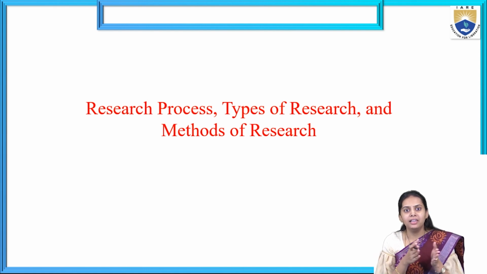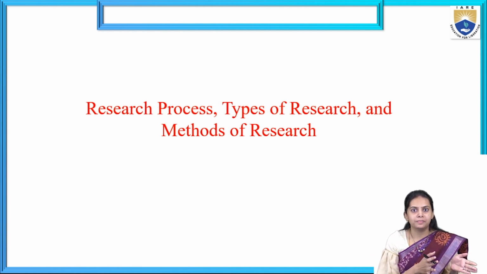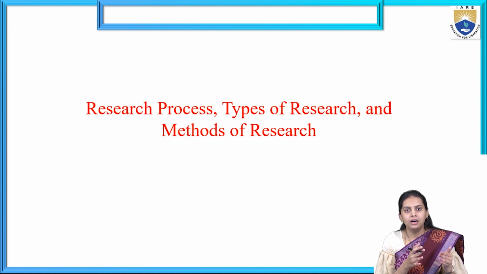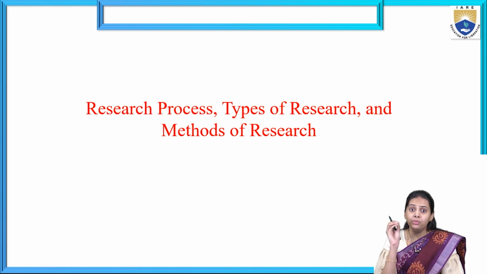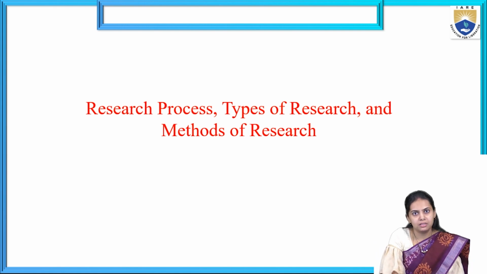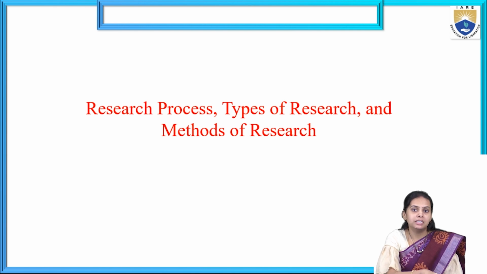That is defined as the research process. And based on the researchers, the research type used to change. So there are types of research again. And there are a few methods chosen by a researcher to do the research process. So that was the research methods.